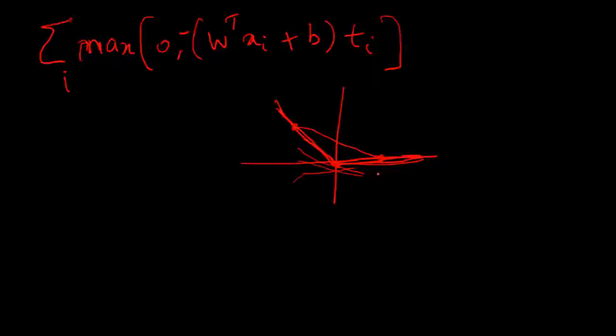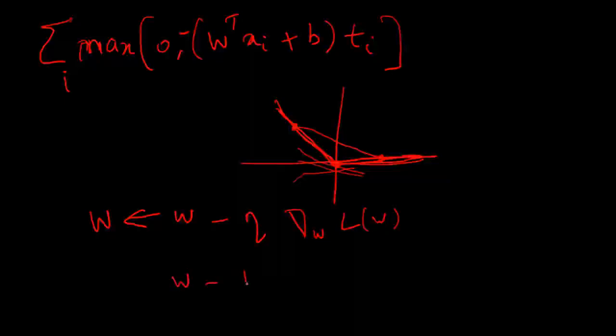So when I do gradient descent, my weight update is going to be the previous weight minus eta times the gradient with respect to W of the loss. In this case it will turn out to be plus eta times the sum of xi ti, where i belongs to M, and M is the set of misclassified points.